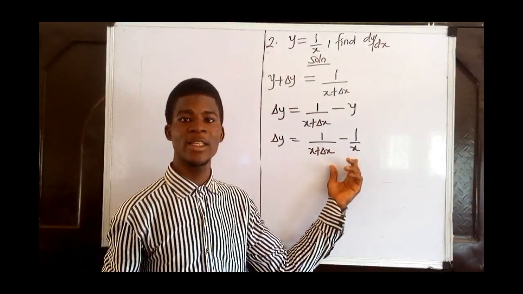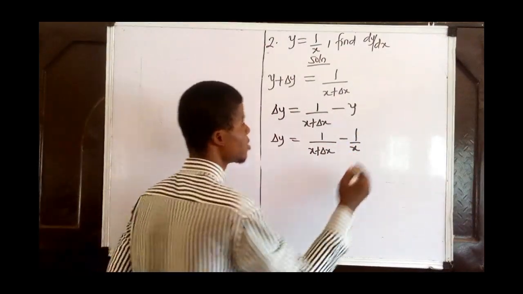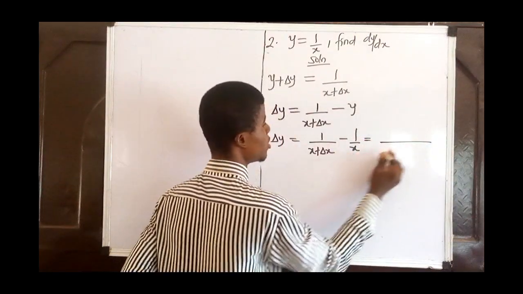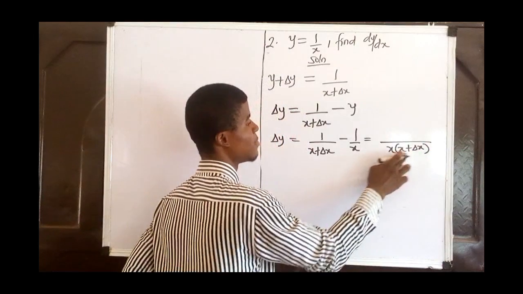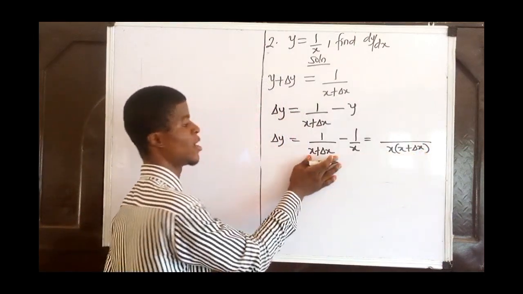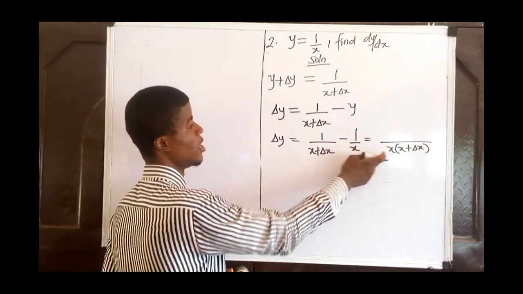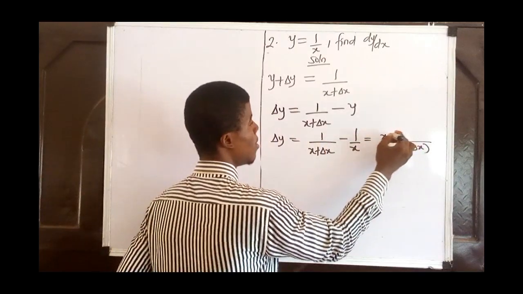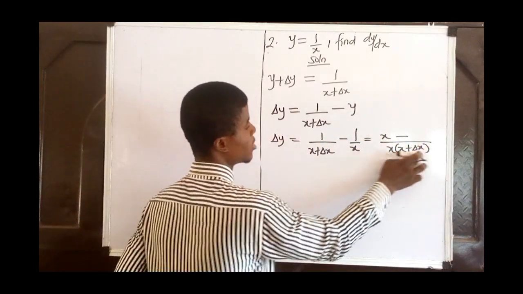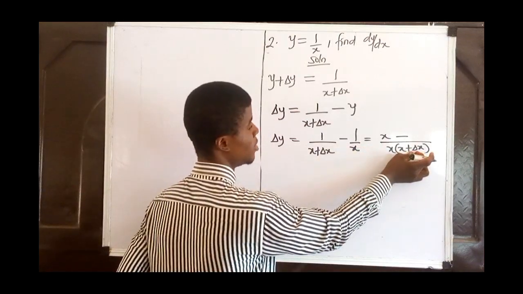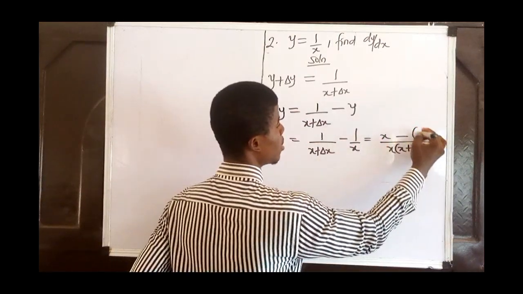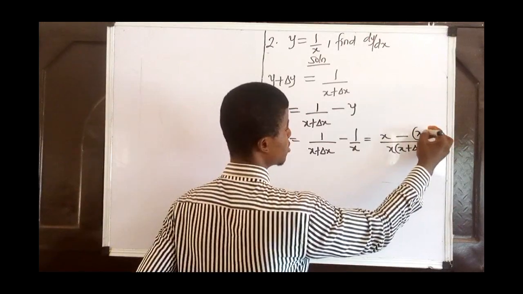If we simplify this fraction on the right hand side, the LCM of these two is x times x plus delta x. So x times x plus delta x divided by x plus delta x is x, times 1 is x, minus x times x plus delta x divided by x is x plus delta x, times 1 is x plus delta x.